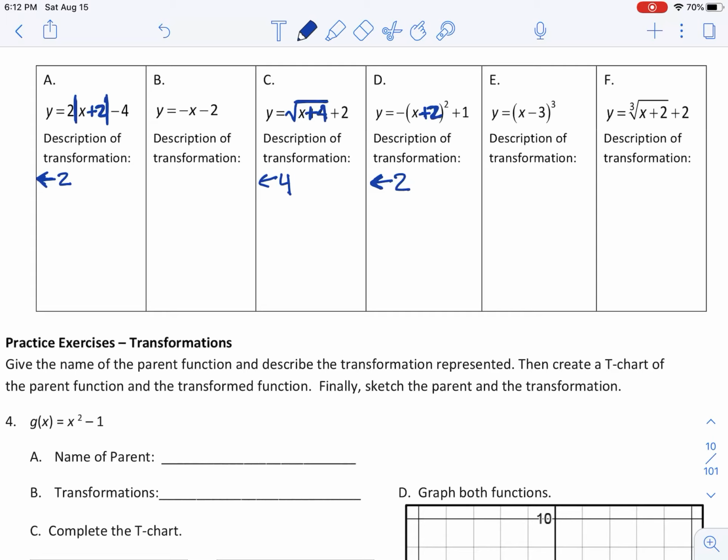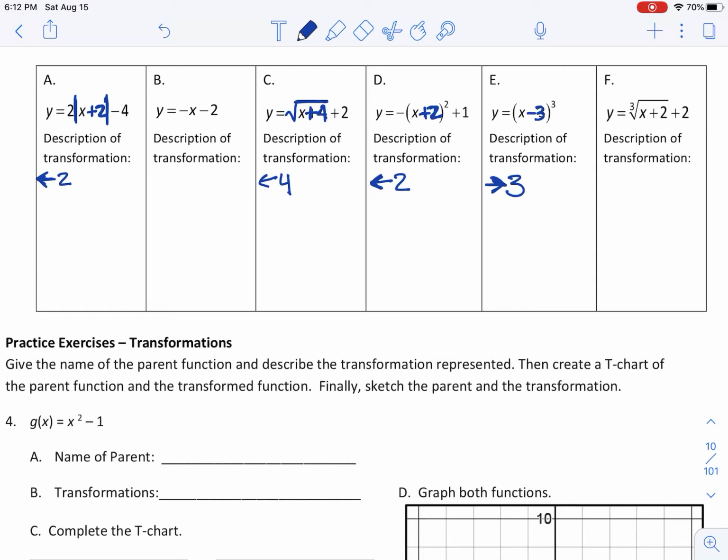Okay, still going. Now I'm on E. On E, inside my parentheses, I have a -3. It is happening to my x. I'm always looking for the opposite. It goes right 3. Notice that the negatives move right, the positives move left. Okay.